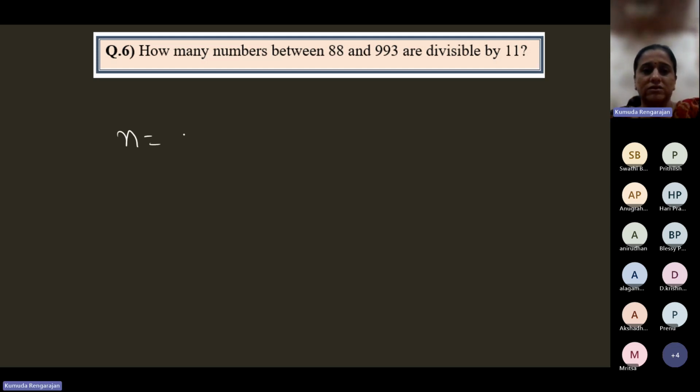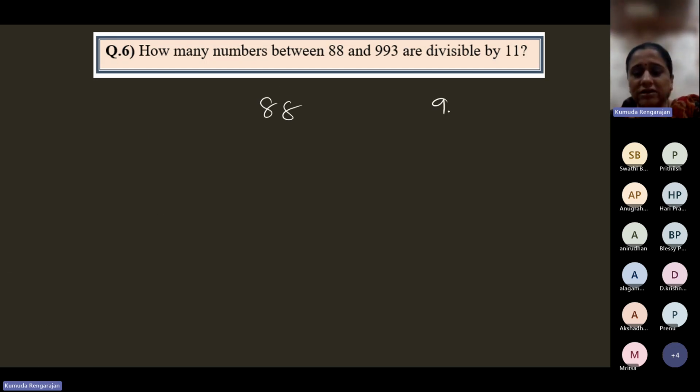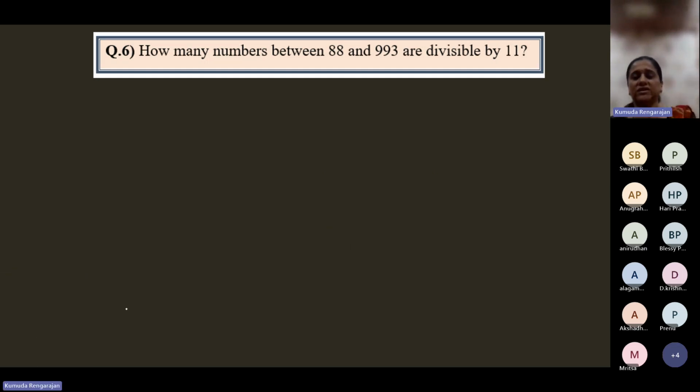In this range of 88 to 993, find the first number divisible by 11, find the last number divisible by 11, and using the last number, find the value of n. That's all. I think this also you can try. We'll see the answer later. Yeah, please try. Write the question.